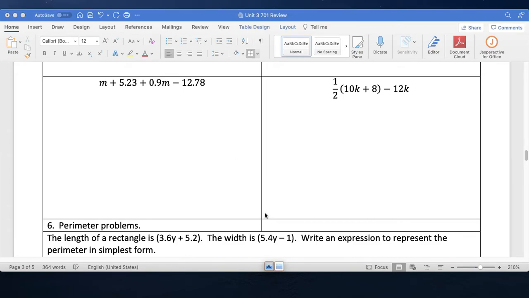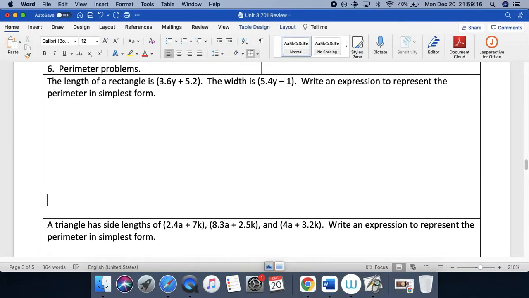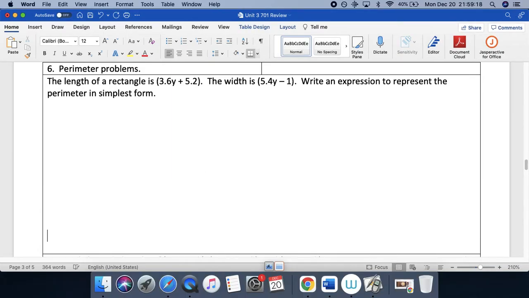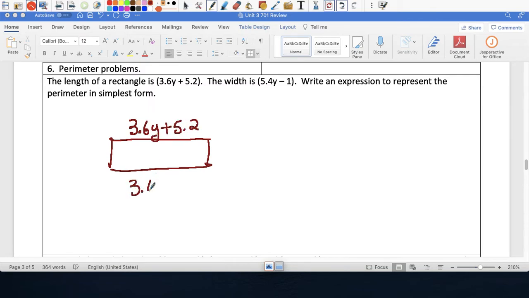Probably the difficult section in your whole test will be these problems. Okay, but if you make a picture and you draw it out, I think it will help. So let's draw a rectangle. And on the rectangle, the length is 3.6y plus 5.2.